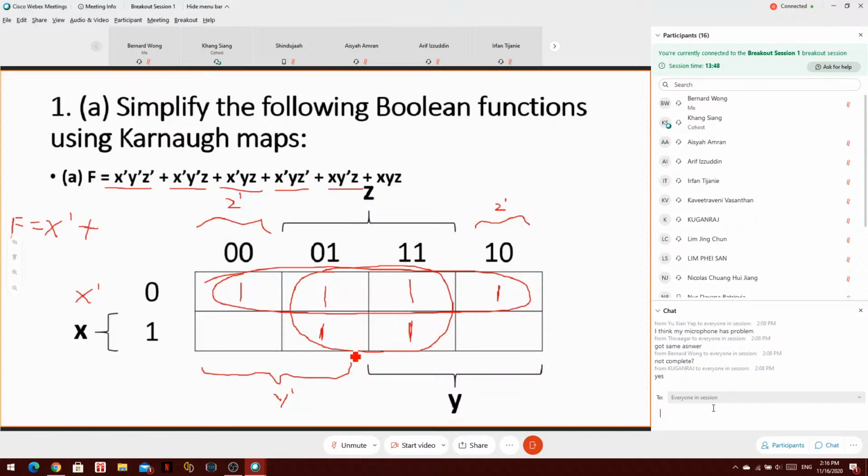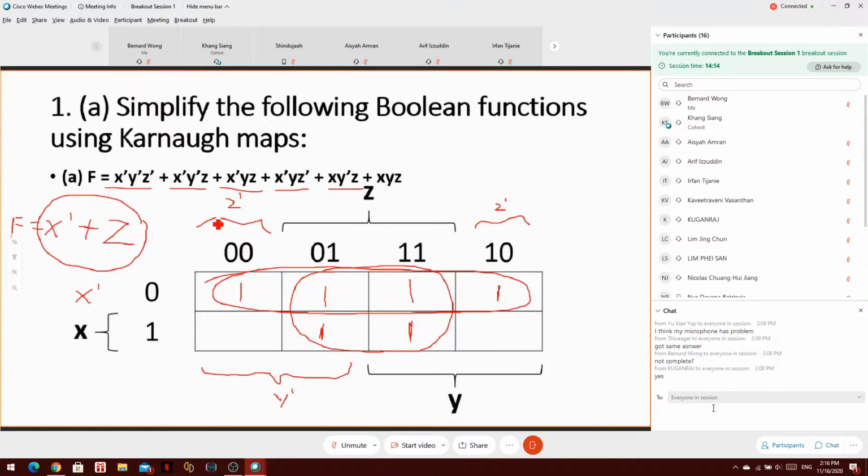So we group the whole thing. Does it belong to X or not X? No, because it belongs to both of them. Does it belong to Y and not Y? No, because it belongs to both of them. Does it belong to Z or not Z? Yes, it belongs to Z only. So it's Z. So the final answer is not Y plus Z.